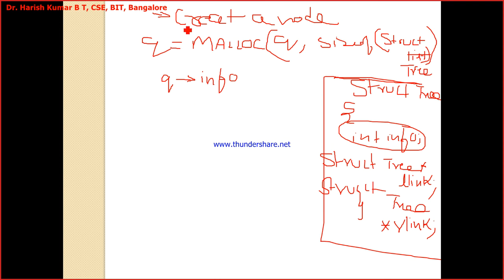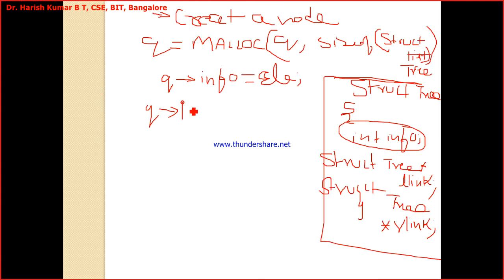What I'm doing now to the newly created node, you have q pointing, and q arrow info is equal to the first node. From the array I'm reading the first node which I enter, I've read it to the variable element, so I say q arrow info is equal to element. Next, initially, q arrow left link and q arrow right link you have to make null.